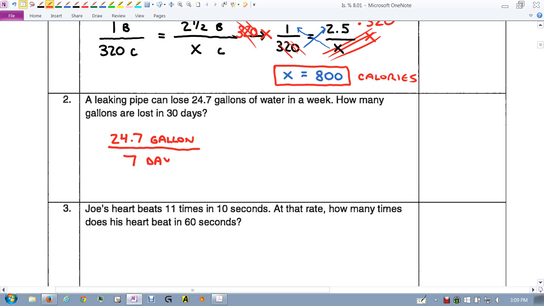You have to see that in the problem because the other proportion, they're saying how many gallons would be lost in what? 30 days. Do you see that if you had left this as 1 week and then this is 30 days, the proportion would not be okay? Everything has to be in the same units. So 1 week, we convert to 7 days.